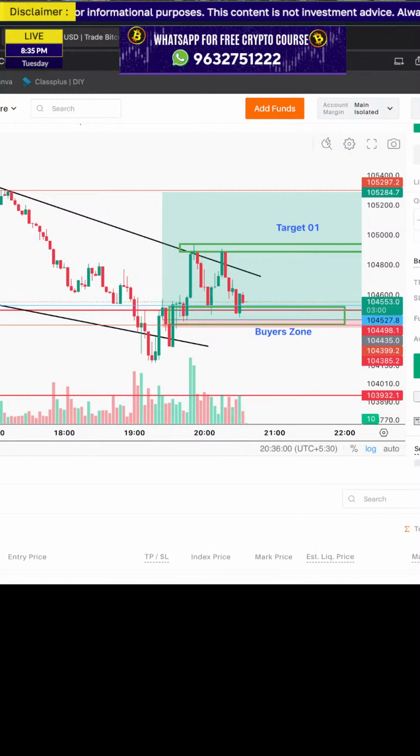So in today's case, if risk reward is equally balanced, then there is nothing else to worry about.